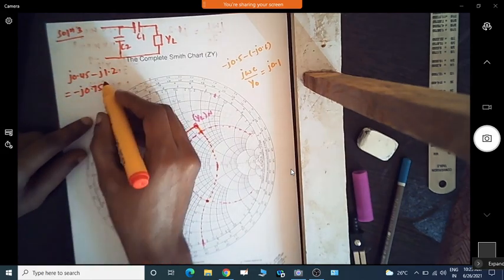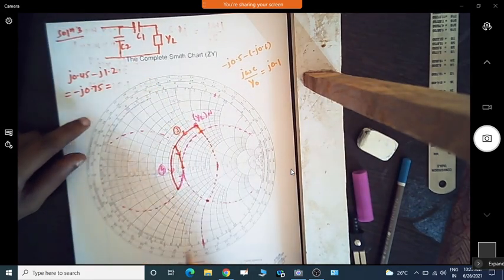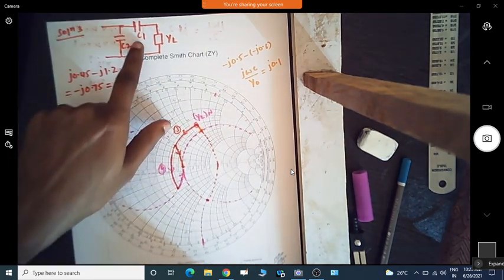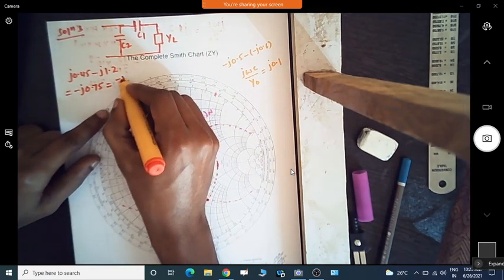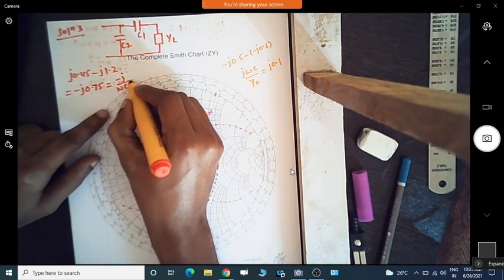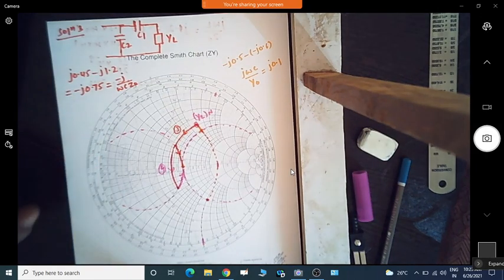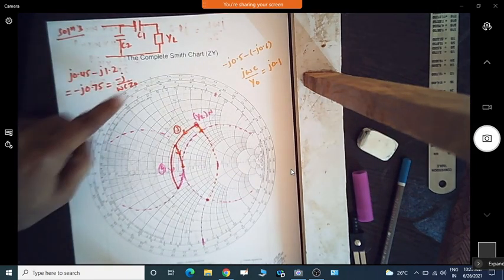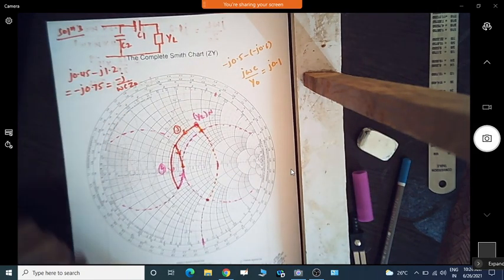Now if we equate this to the reactance of the series capacitor, that is minus j by omega C Z naught, that is what we get, the series reactance of a capacitor.